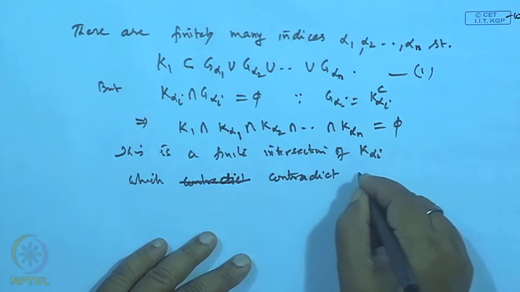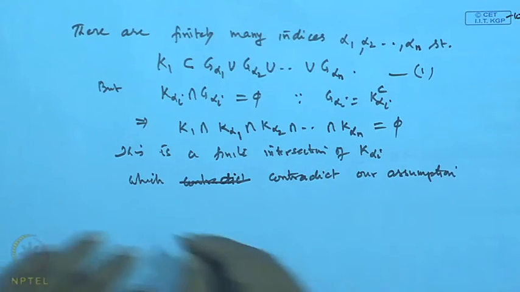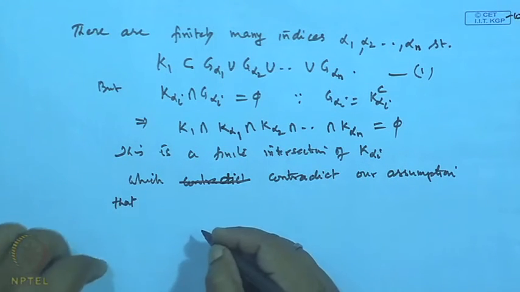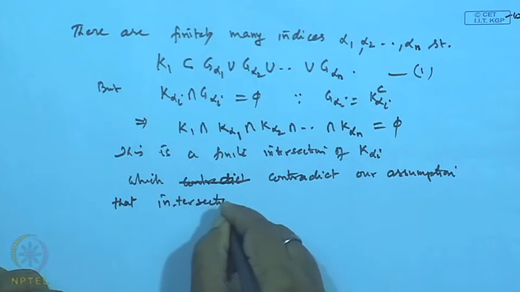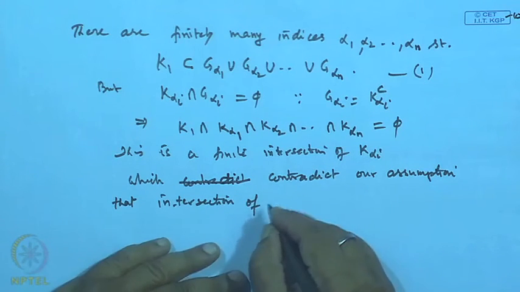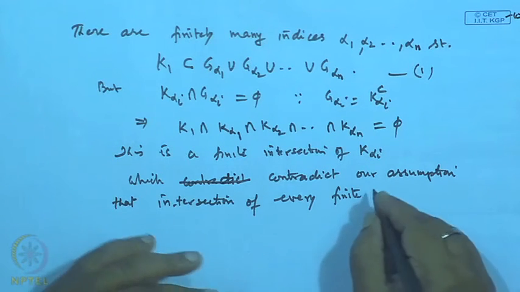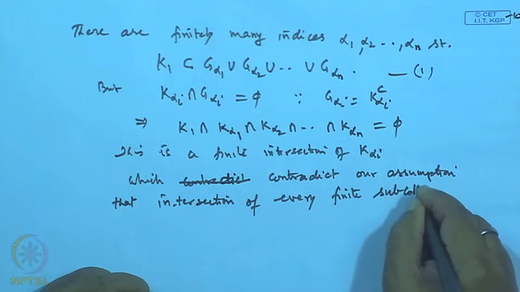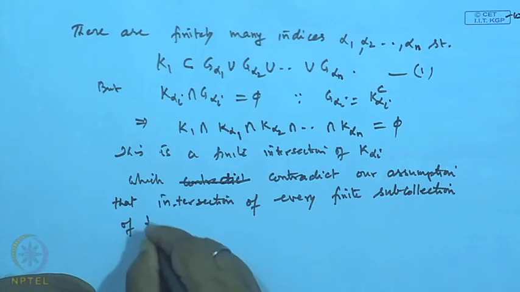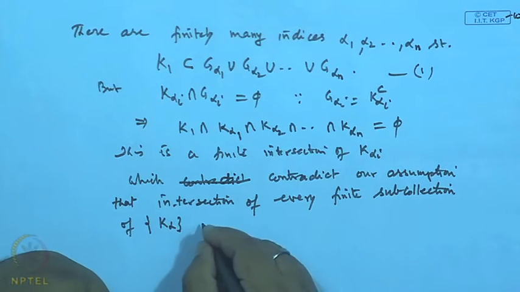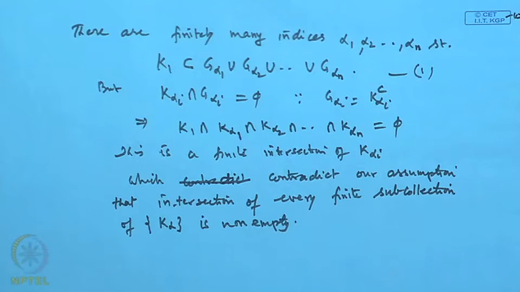our assumption that the intersection of every finite subcollection of K alphas is non-empty, because it is coming out to be empty.